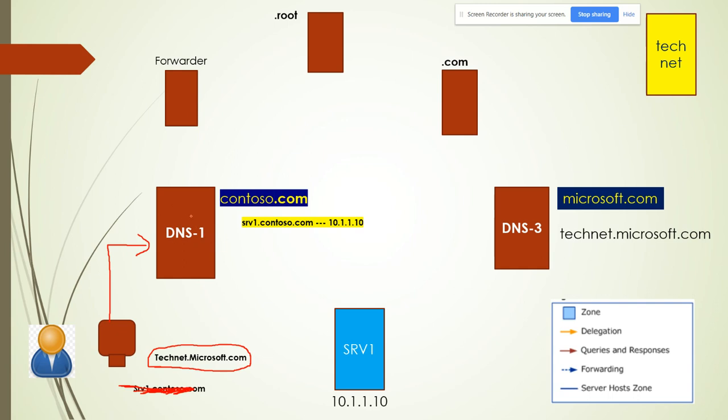In this situation, there are two options. Either this DNS server will respond to the client with an authoritative answer or decline, saying I don't have the information. Another way: if this DNS server is not hosting any Microsoft.com record, it will either forward this query to its forwarder or directly connect to the root server and get the response.